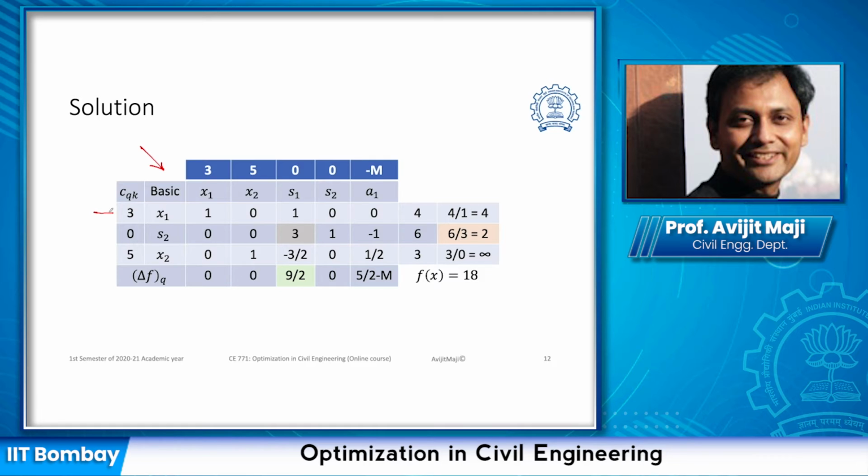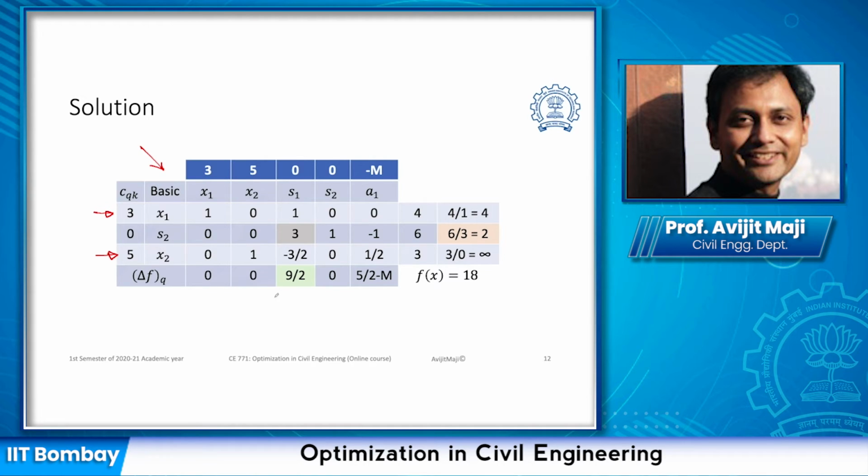Now we have x1 and x2 as the basic variables, and the corresponding coefficients are there. We find the cells of the basic tableau by adjusting so that we have 1 for the basic variable and all the other values are 0, by doing the row operations.